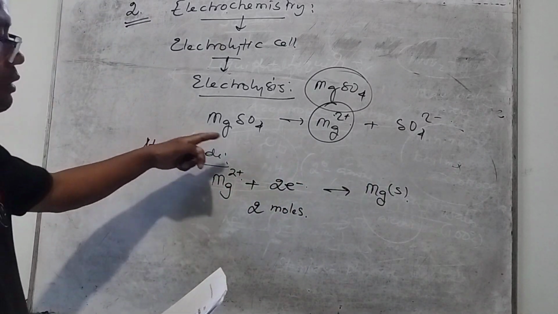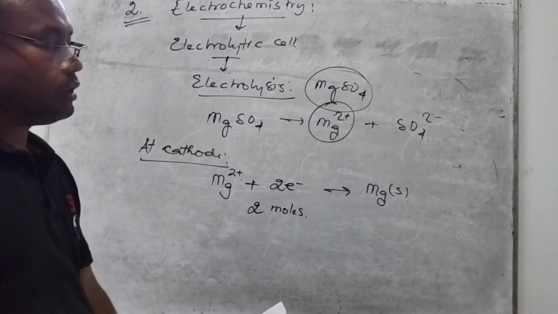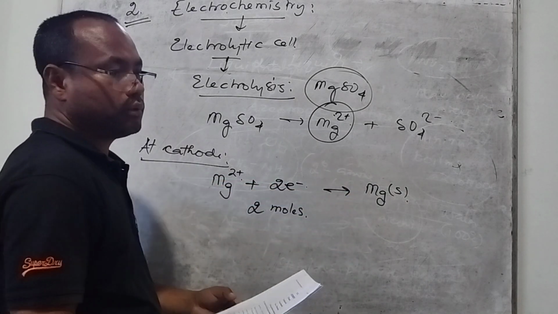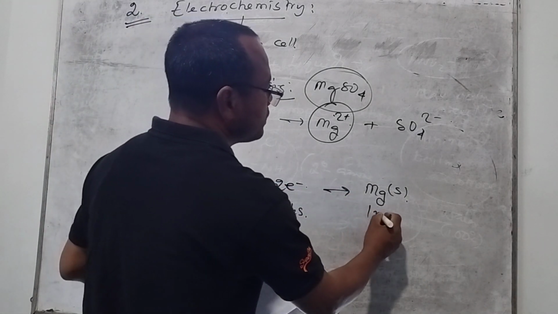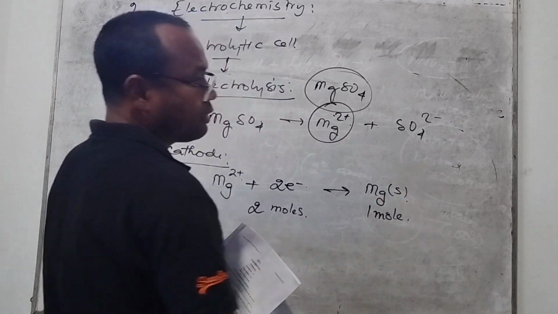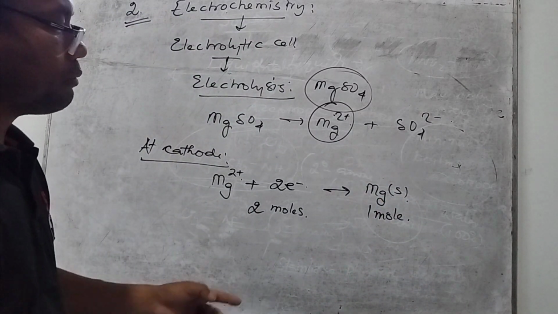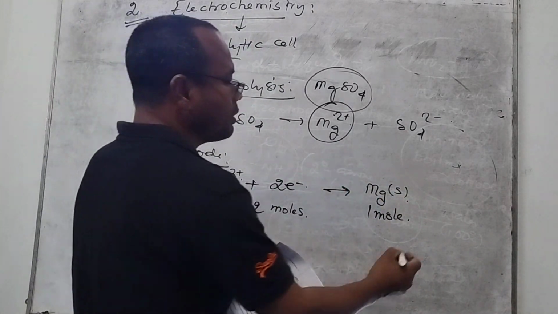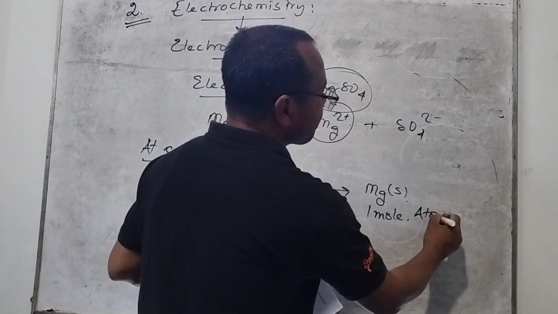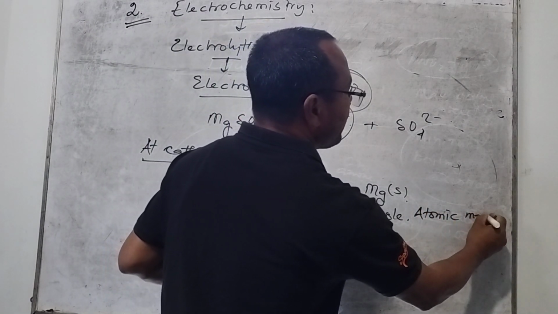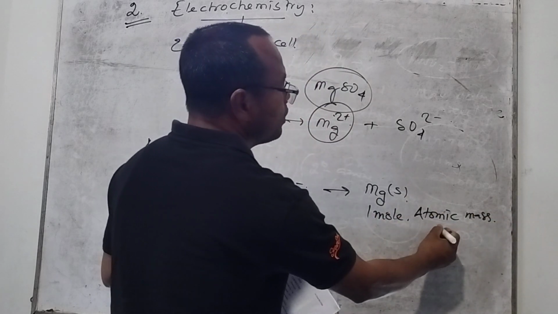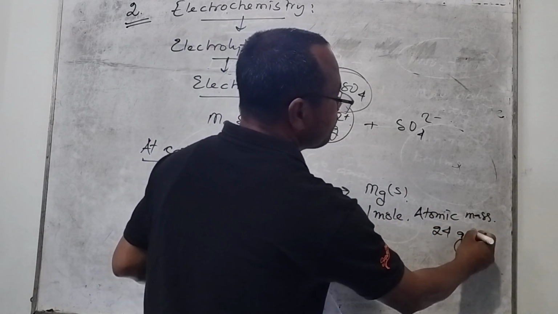So when we pass 2 moles of electrons, how much magnesium deposits in terms of moles? That is 1 mole of magnesium. The mass of 1 mole of magnesium is equivalent to the atomic mass, which we all remember is approximately 24 grams per mole.